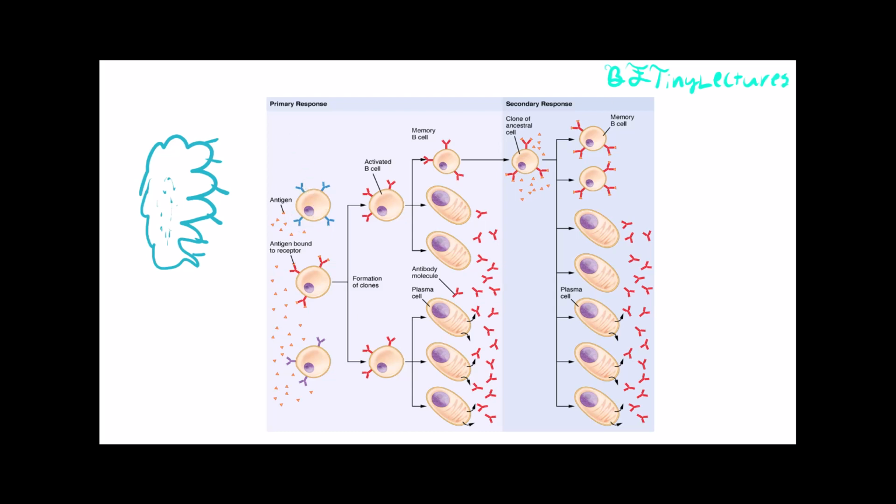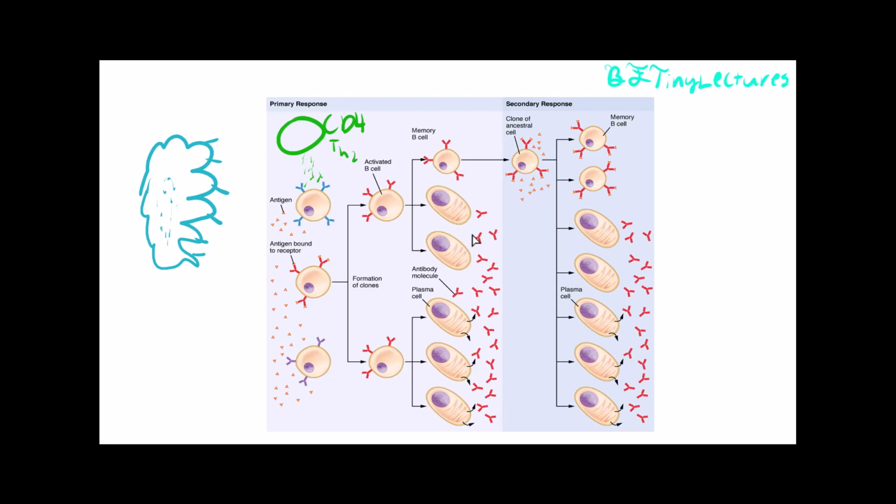It still needs help from this little T cell right here, specifically the T helper cell. And if you want to be more specific, T helper 2 cells right there. So it's going to send these little cytokines onto the B cell. It's going to be activated, and now that it's activated, it's going to become either a plasma cell or a memory cell.